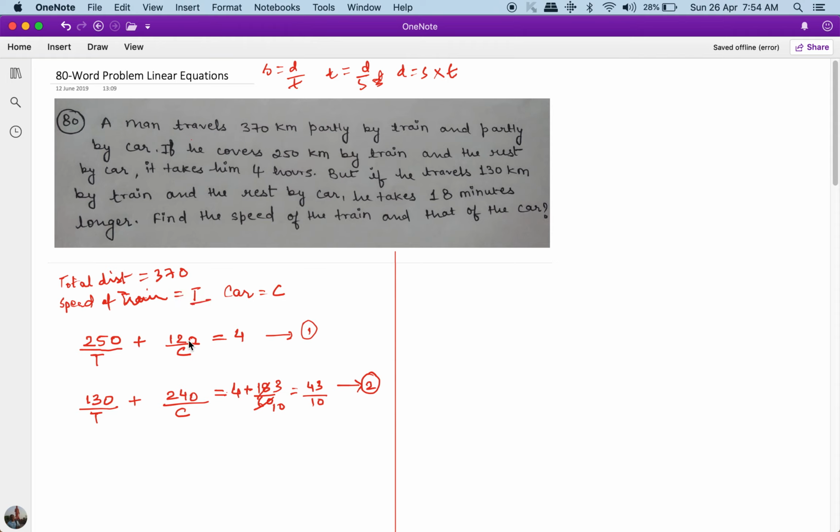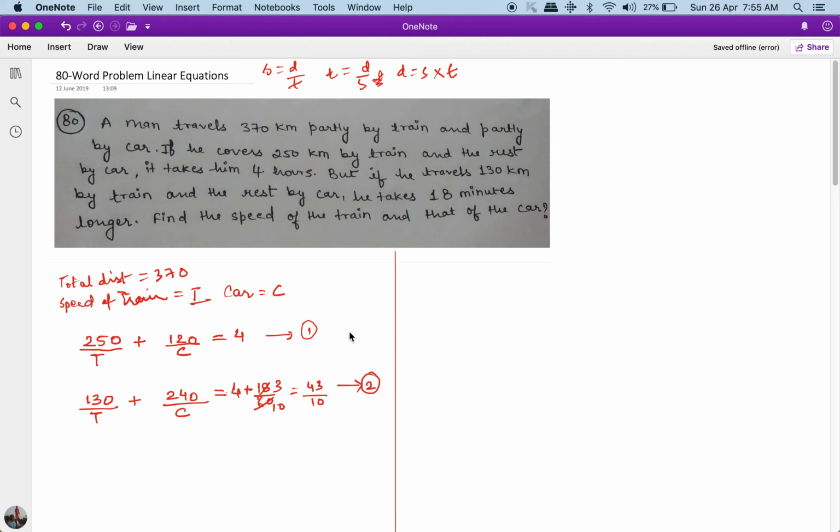Here the distance traveled in the car is 120 because 370 minus 250 is 120. And what I get here is 250 by t plus 120 by c is equal to 4. I apply the same concept for the second condition. I get 130 by t plus 240 by c is equal to 4 plus, because it took 18 minutes longer, I converted those 18 minutes into hours. So I have two conditions.